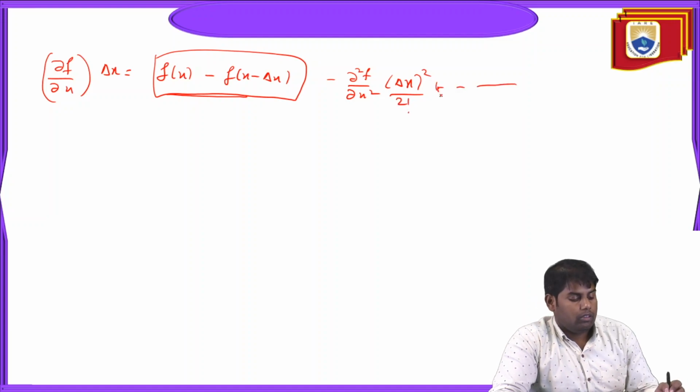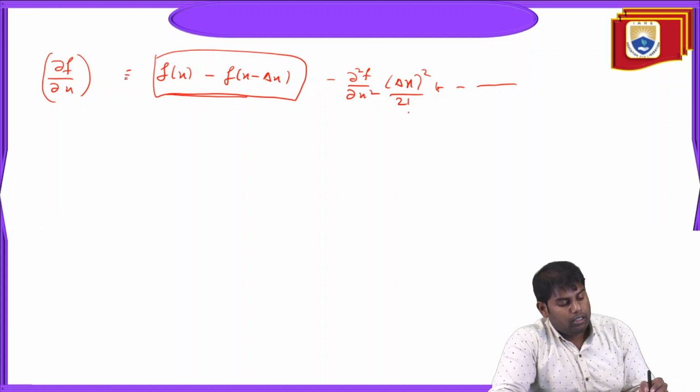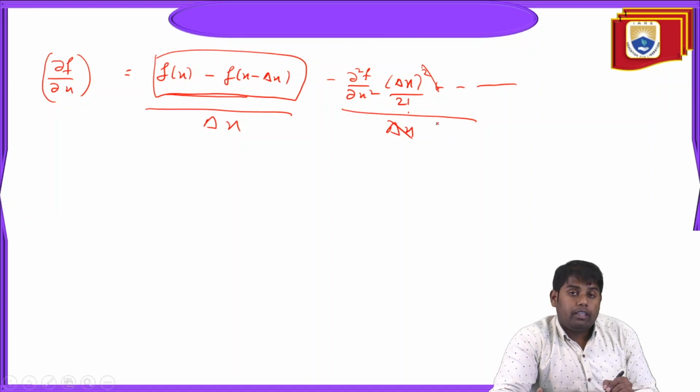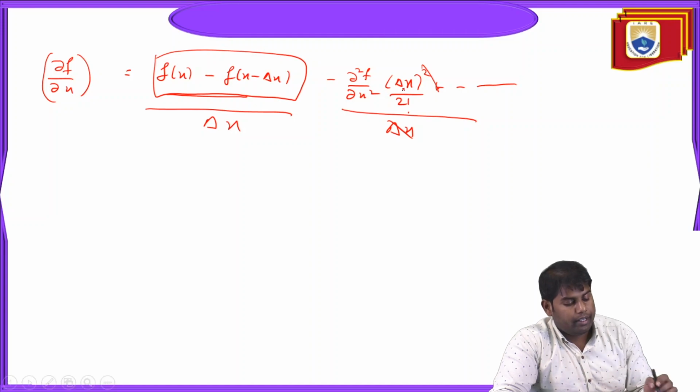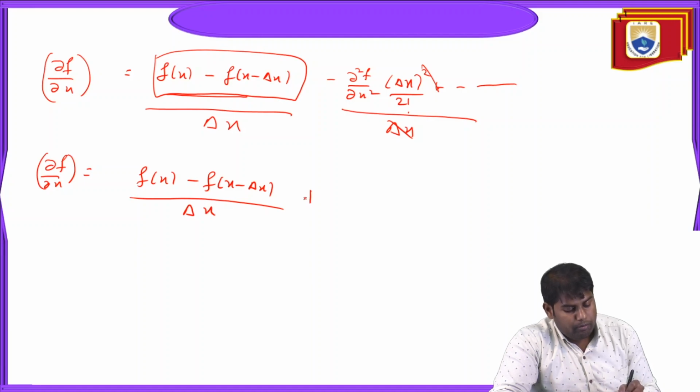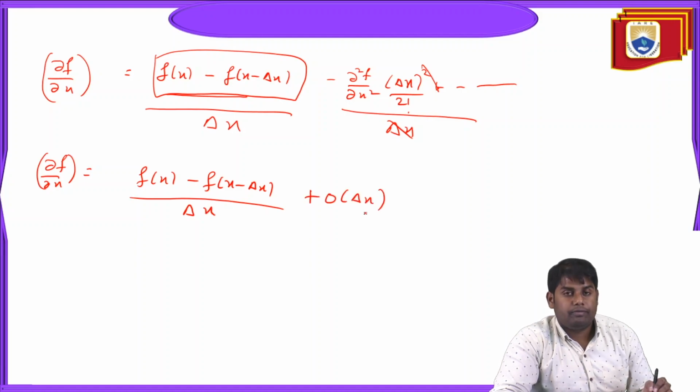When you send this Δx to the right hand side, it becomes Δx divided by Δx. So even in the backward difference you have the first order term, which is of order Δx. So ∂f/∂x is equal to f of x minus f of x minus Δx divided by Δx plus order of accuracy of Δx.